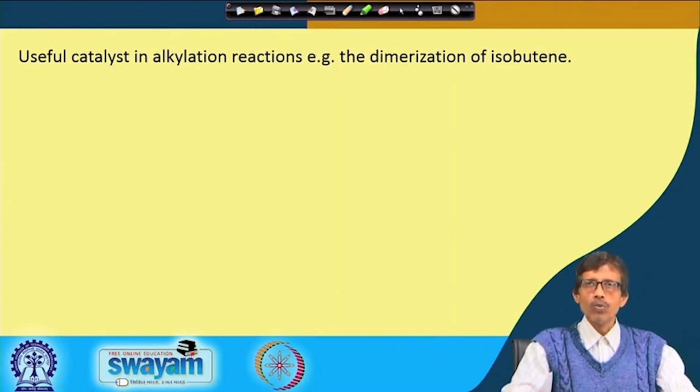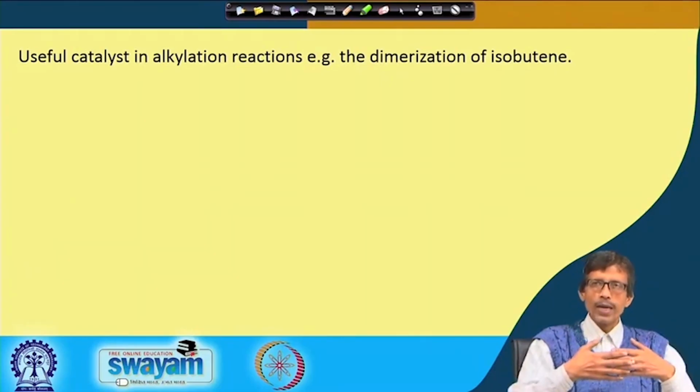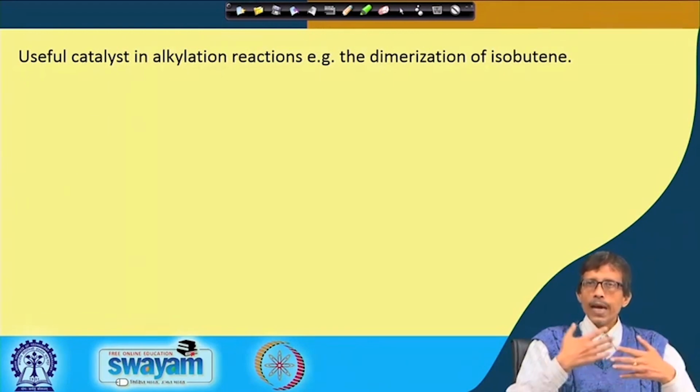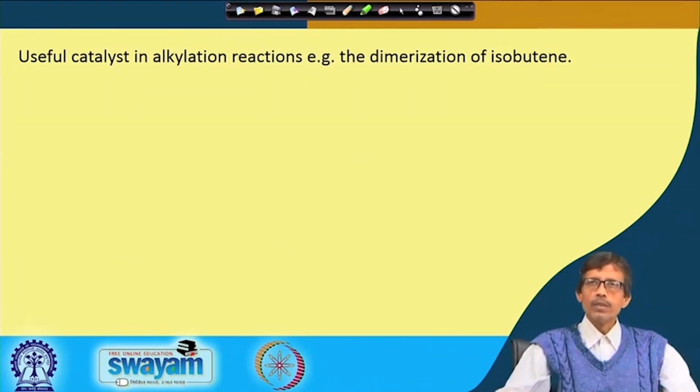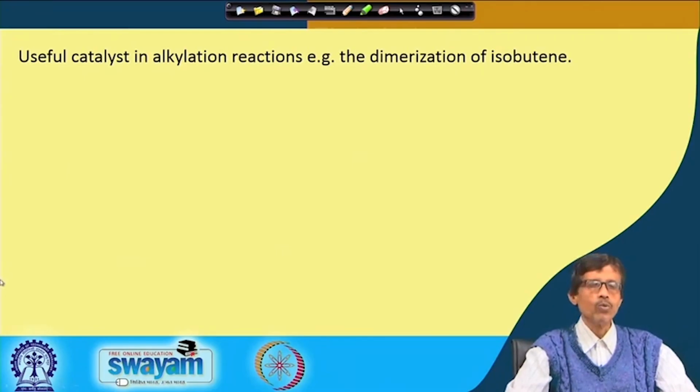In typical organic molecules or organic backbones, if you go for alkylation reactions, one simple example is isobutene. If you attach two isobutene molecules, that is, dimerization of isobutene, this material can function as a good catalyst.